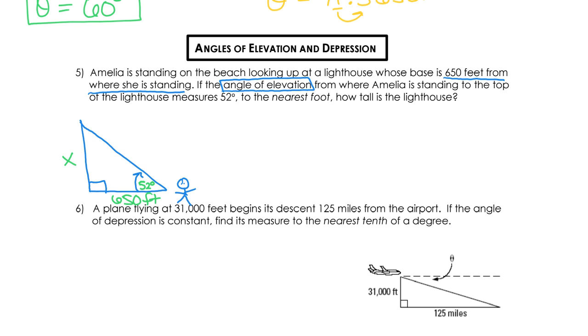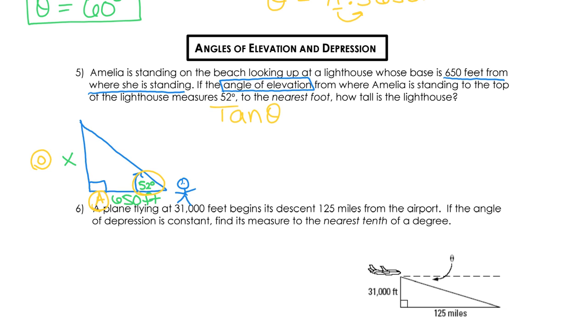So hopefully you know height is going straight up and down, okay, or vertical. And so now that we have everything from the question labeled, we could go ahead and say it. We're reading from this angle of 52 degrees. This x is therefore our opposite side, and the 650 is our adjacent side. And hopefully you know that the trig function that uses O and A, okay, is tangent.